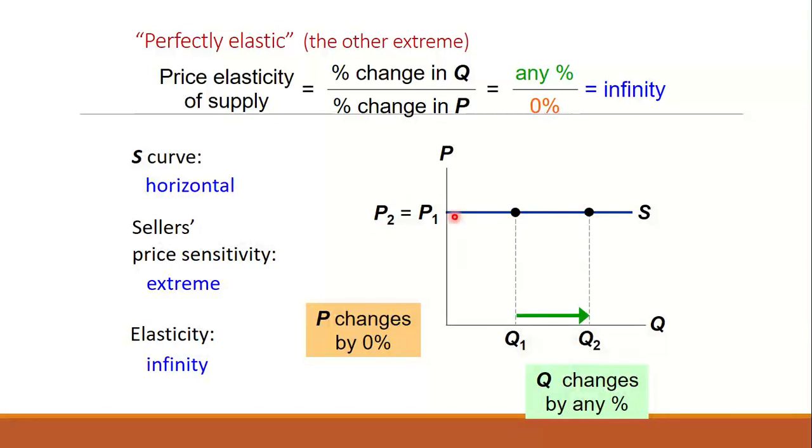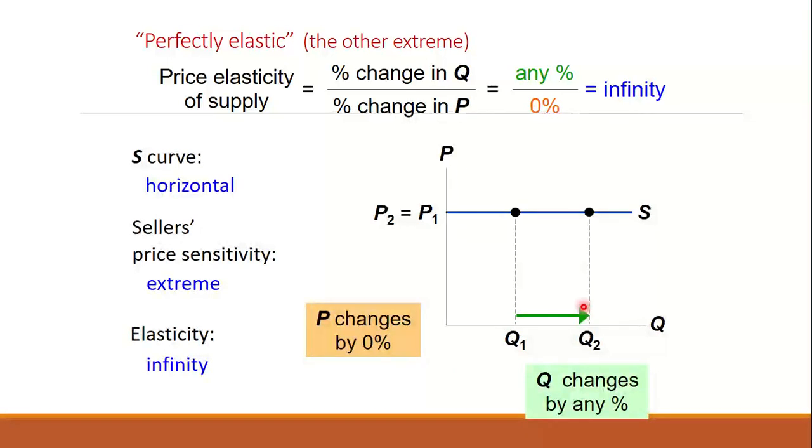There is no change in price. So quantity can change by any percent, and you can see that here is the horizontal supply curve. Price is not changing, price is constant, but quantity changes. At this point it is Q1 and at this point it is Q2. So if there is no change in price, then quantity changes by any percent.